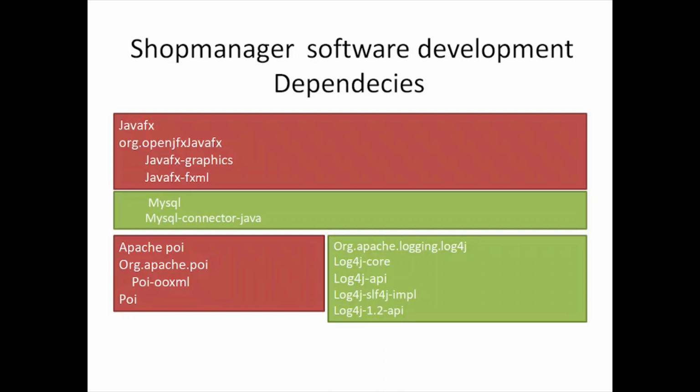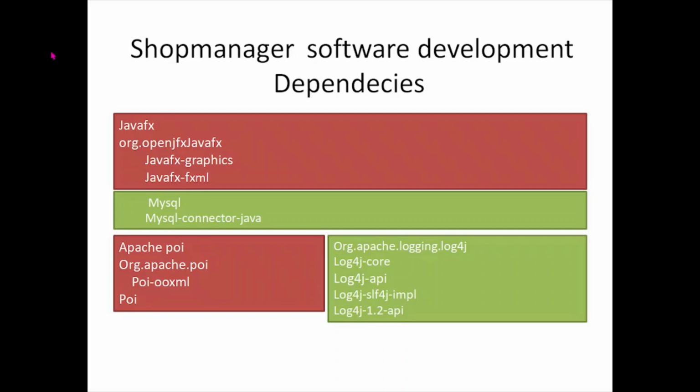Since this is an MVC project, model view controller as discussed earlier, there will definitely be a model, which is the database, the view is FXML or JavaFX, and the controller is simply Java classes. Also, as it is a shop manager, it generates reports, receipts, purchase orders or invoices, so it will require MS Office related packages.